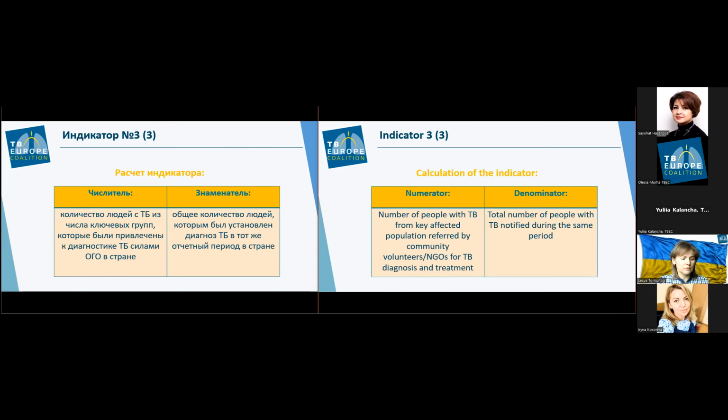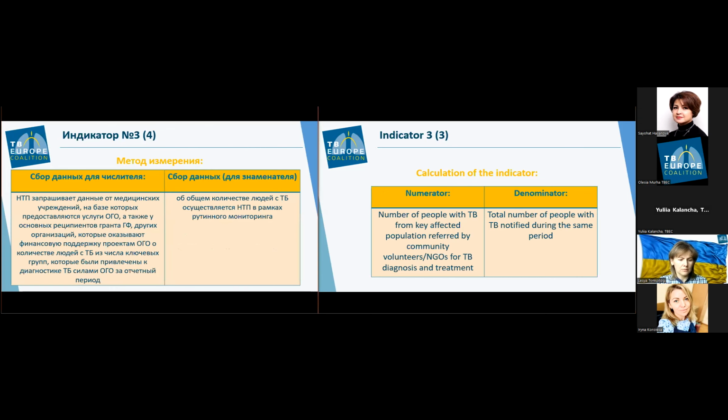We use numerator and denominator. Numerator is the number of people with TB from key populations referred by community volunteers, NGOs for TB diagnostics and treatment. Denominator will include the total number of people with TB diagnosed during the same reporting period in the country.